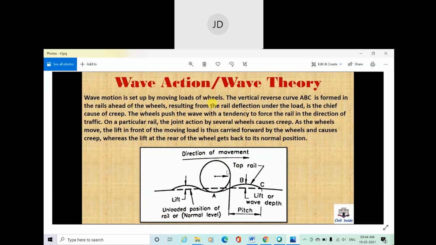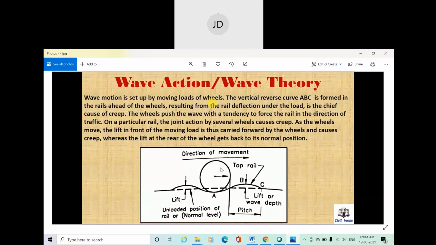Even when a train moves along a railway track, the nearby area gets a little bit shaken up. I think everyone has experienced this, right? So this is called wave action. Because of the movement of the wheel along the rail, it creates a wave action along the railway track.